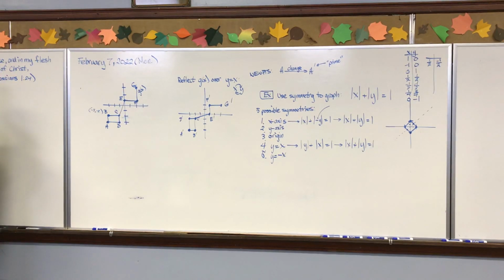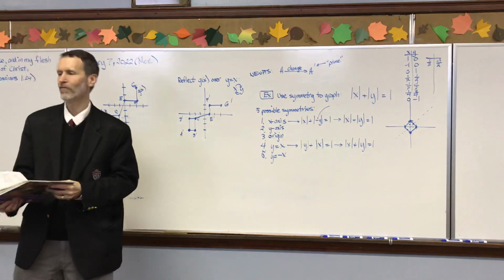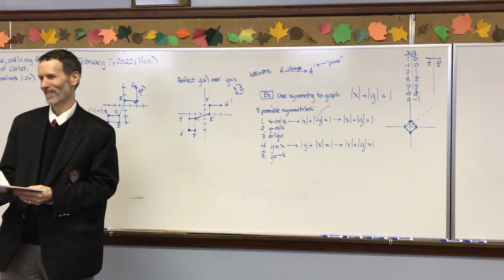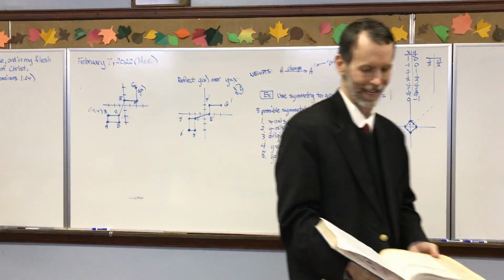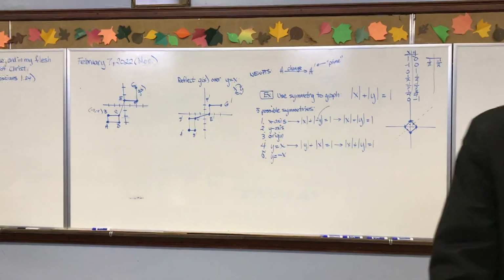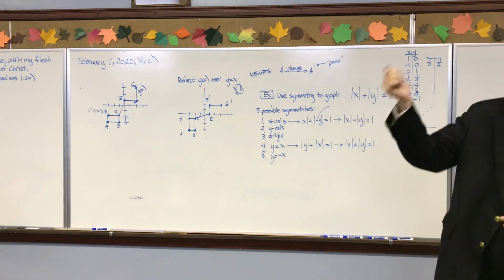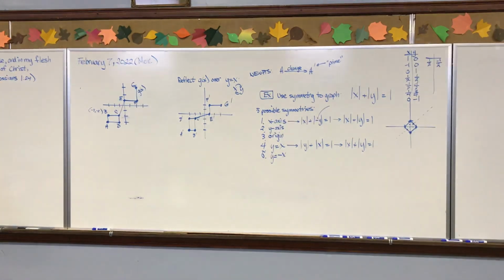Note number 1, 2, 3, and 4. You're gonna have to do 3 sketches of each. They're not hard once you get the trick, but you do have to do 3 answers for number 1, 3 answers for number 2, 3 graphs for number 3, 3 graphs for number 4. I'll be right back. Let me grab some worksheets.